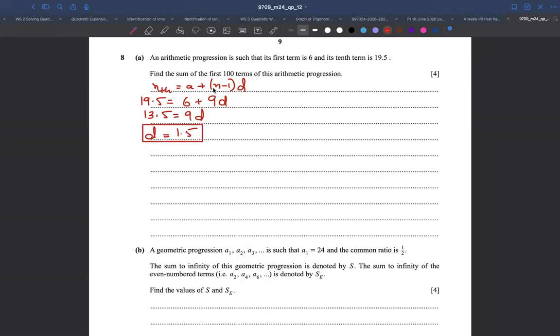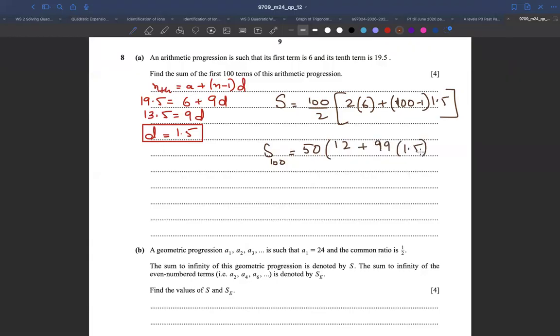Once you have the value of d, finding the sum is a straightforward task for the first 100 terms. The formula is n upon 2, which means 100 upon 2 into 2a, so 2 into 6 plus n minus 1, 100 minus 1 into d, which is 1.5. 50 into 12 plus 99 into 1.5, how much is that? 148.5 plus 12, multiplied by 50.